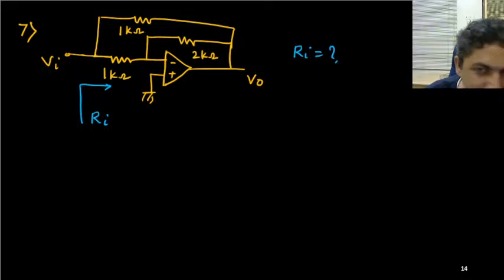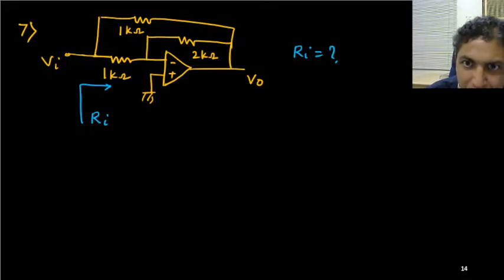This is the problem. Can you find the input resistance of this op-amp? For this op-amp circuit, can you find this Ri looking from the input source Vi?